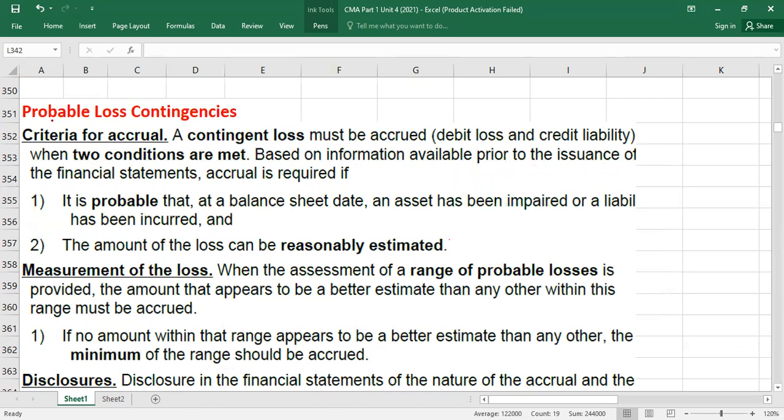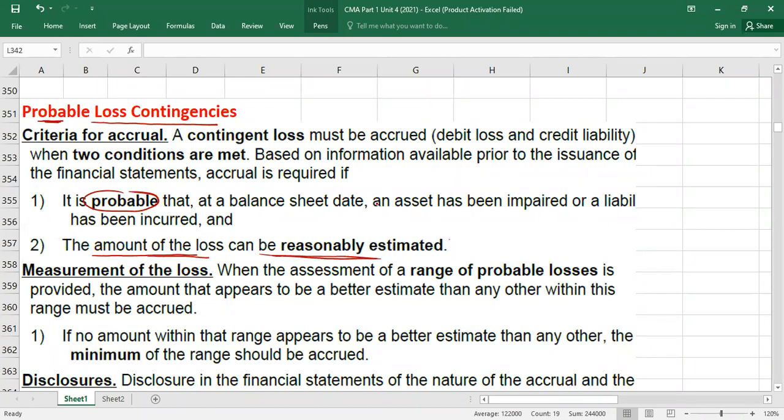If chances are probable, so we are talking about probable loss contingencies, like there are high chances that we have to pay. And there is another condition: the amount of the loss can be reasonably estimated. First, the chances are probable, and second, the amount of loss can be reasonably estimated.